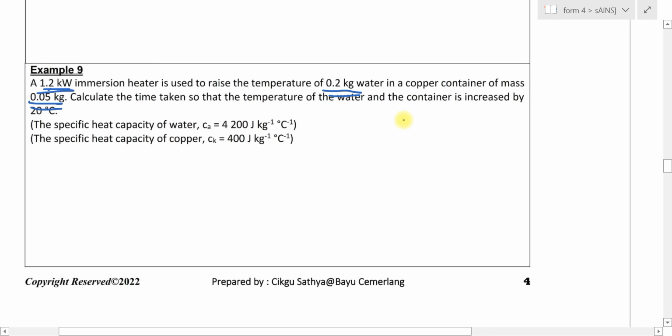I need to think first. A 1.2 kilowatt immersion heater is used to raise the temperature of 0.2 kg of what? Of the water in a copper container of mass. Calculate the time taken so the temperature of water and the container is increased by 20 degrees Celsius.